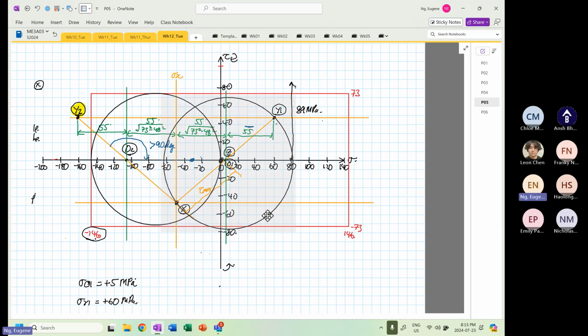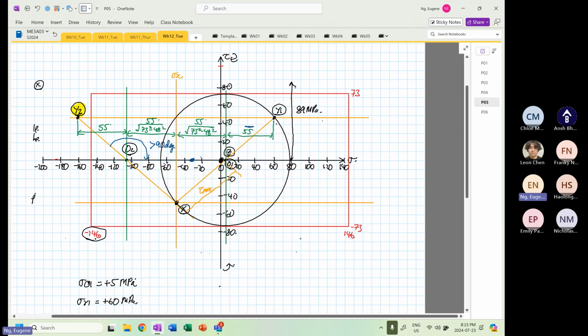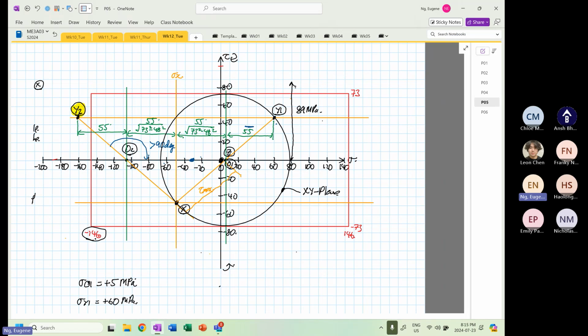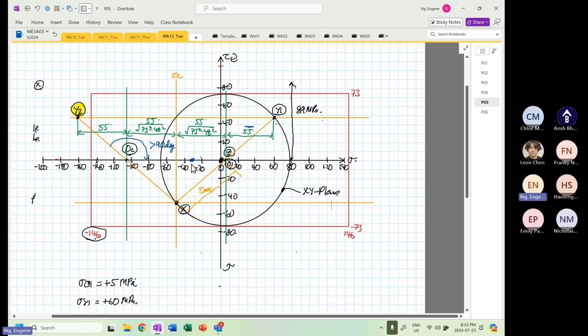So now this circle over here that I've just sketched belongs to the XY plane. And then I have to construct another two circles.